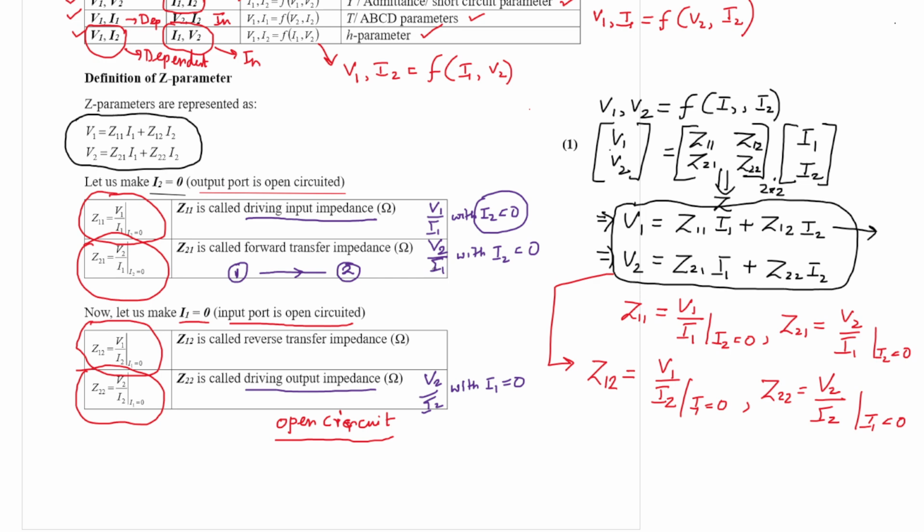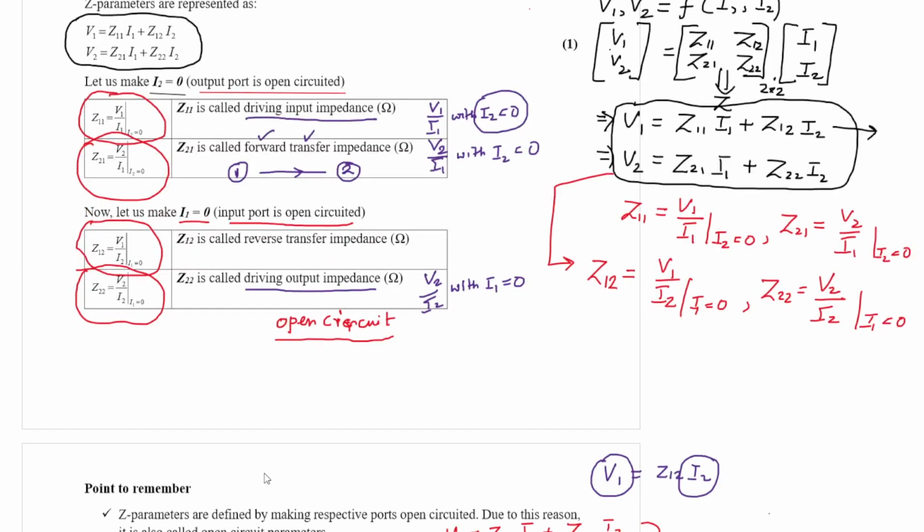That means signal is flowing from 1 to 2, from input to output, in the forward direction. That is the significance of the term forward. And why transfer? Because it reflects two ports, and signal is transferring from input to output. Simple.